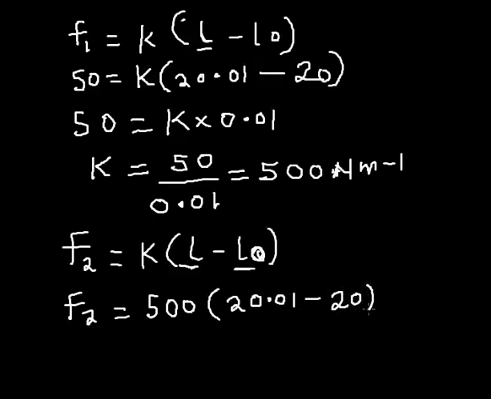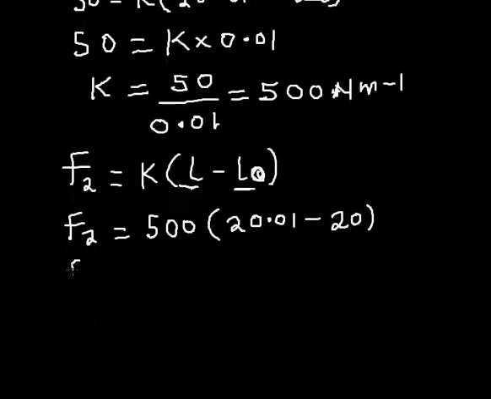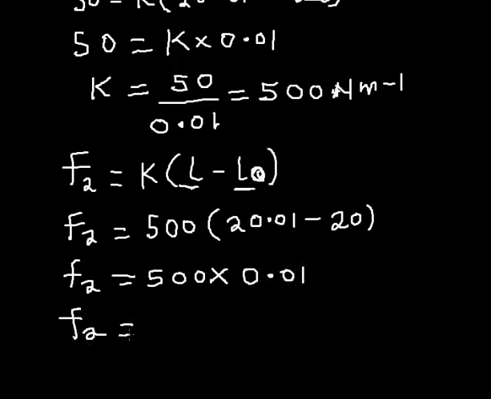So I got to subtract now. So F2 is going to be equal to 500 times 0.01. Okay, so 0.01, right? That should give me 5 Newton.